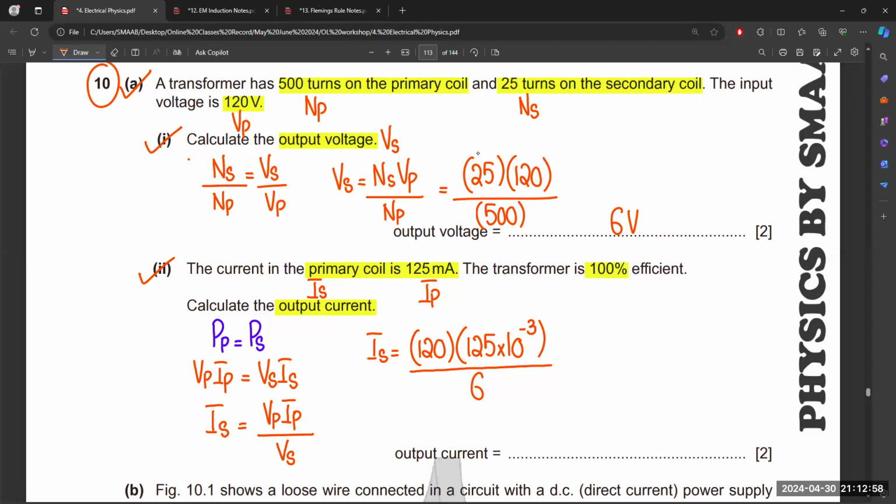So 0.125 multiplied by 120 divided by 6 is equal to 2.5 ampere.